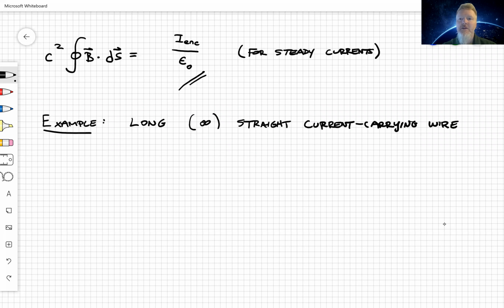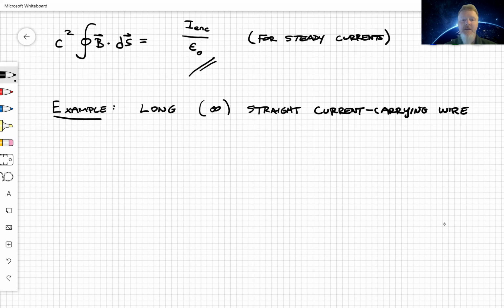Okay, so a long straight current carrying wire. What is the magnetic field around this thing? We'll have the current going left to right, and it goes off in long enough distances left and right.